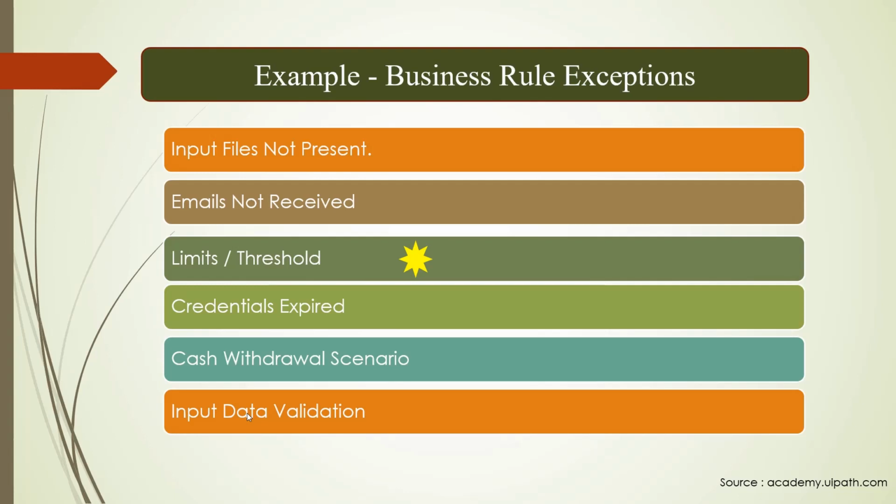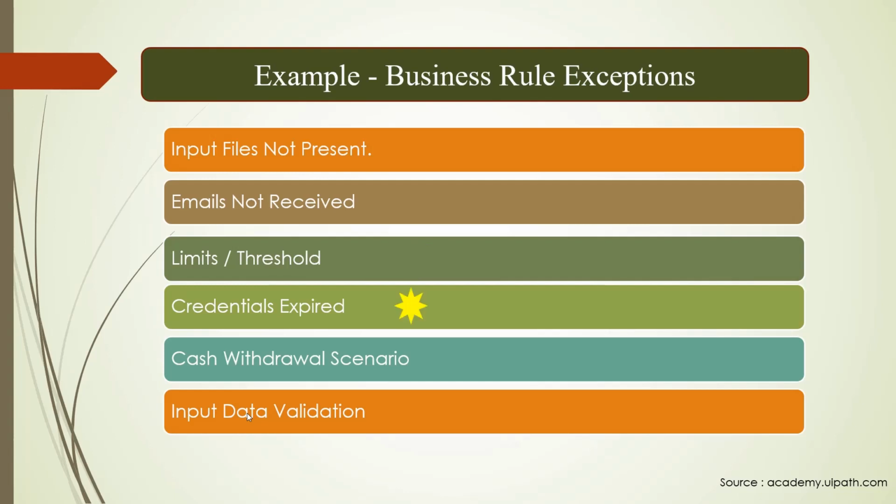As a developer, you would teach your robot that whenever this number on the screen is greater than 100 million, you stop the process. When you are stopping the process, you have to inform the business. At that moment, you will raise a business rule exception saying that yes, we have got a transaction which was trying to make a transaction of more than 100 million, so that's why I am stopping the process.